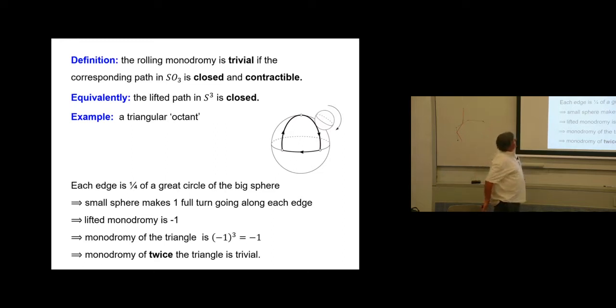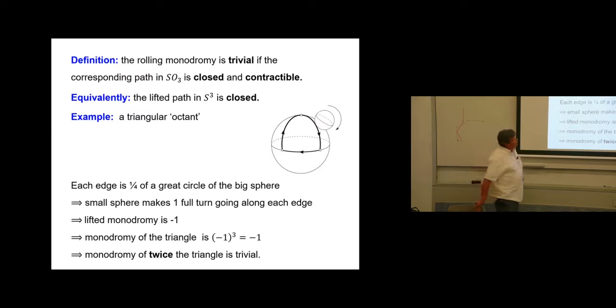And here you see another way to look at it: the 3-sphere is the universal cover, a 2-to-1 cover, of SO3. So you can lift this curve, and if it closes up in the universal cover, then that means the original curve in SO3 was contractible.